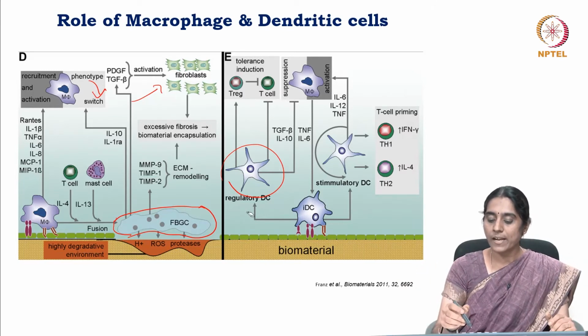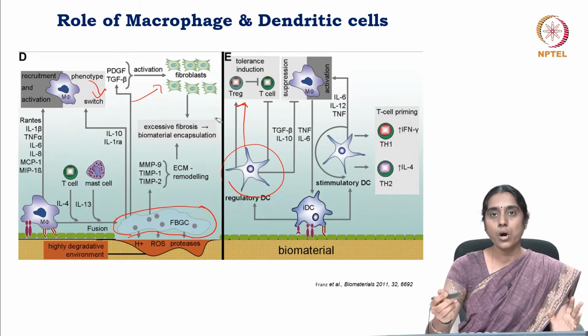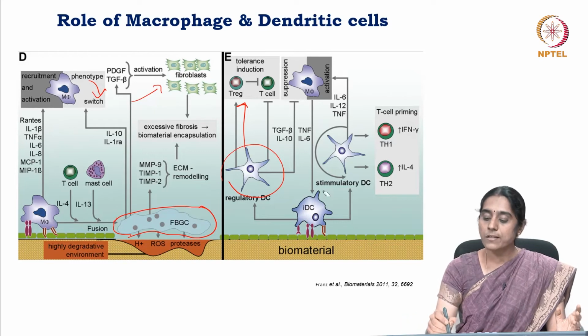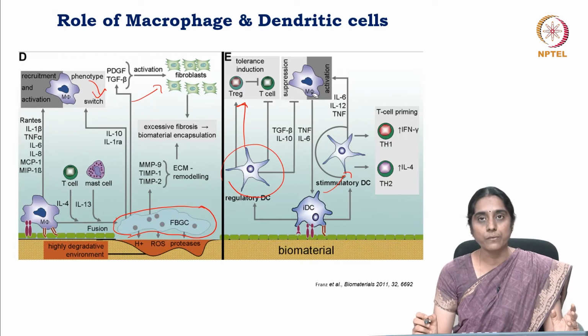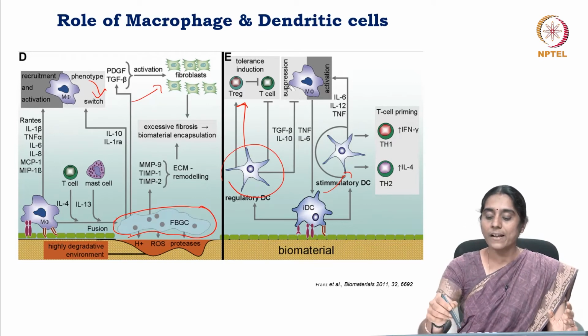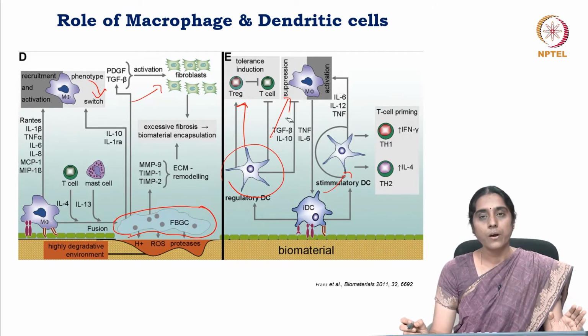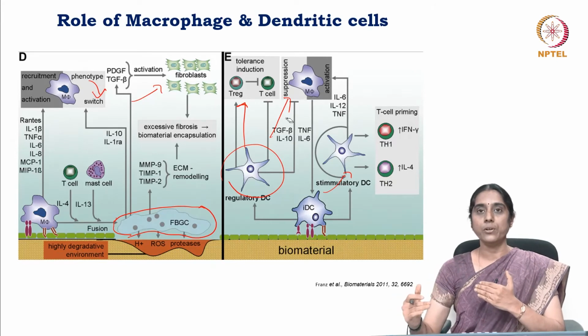In regulatory mode, they further activate the regulatory T cells, so tolerance is induced towards the foreign body. If it is a stimulatory dendritic cell, it will lead to activation of the macrophage, while a regulatory dendritic cell will lead to suppression. This is a process we need to remember.